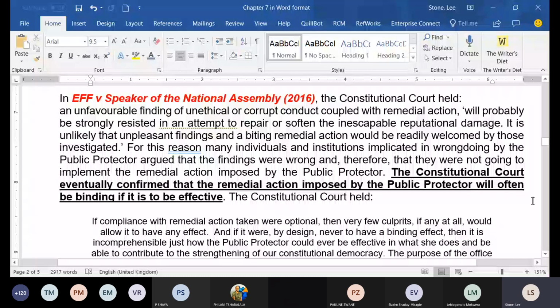So then, the public protector needs to investigate and then reach a remedy that is suitable, fitting, proper, effective. In other words, will her remedy be able to rectify the situation?